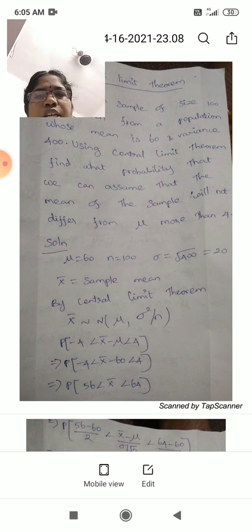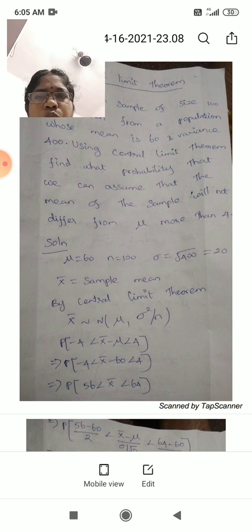Here mu is given, therefore mu equals 60, and the variance symbol is sigma, therefore sigma squared equals 400, so sigma equals root of 400, which is 20.